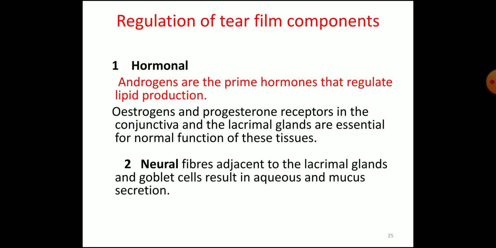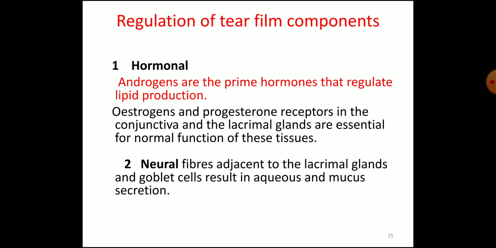Now, how is the tear film formation regulated? Regulation of tear film components is hormonal and neural. Androgens are the prime hormones that regulate lipid production.